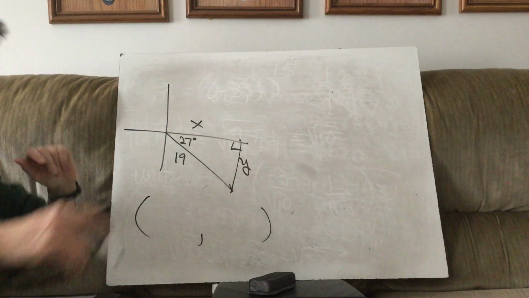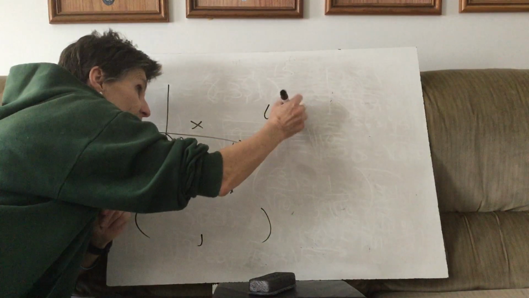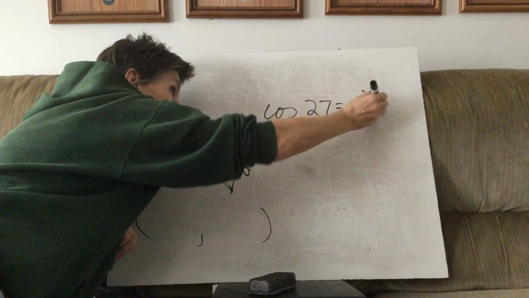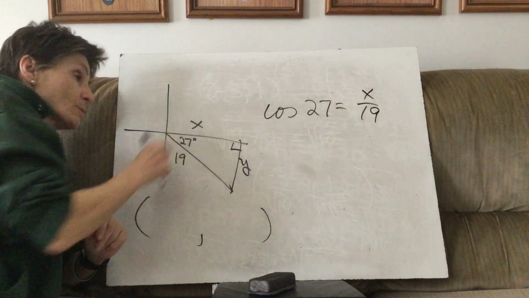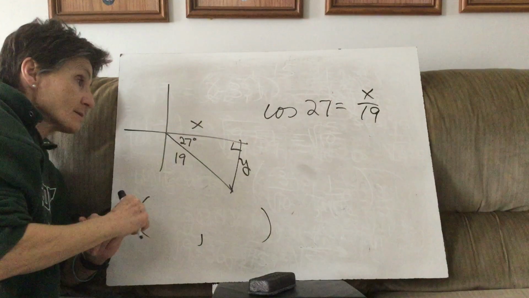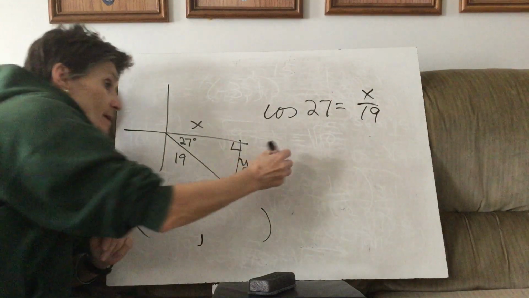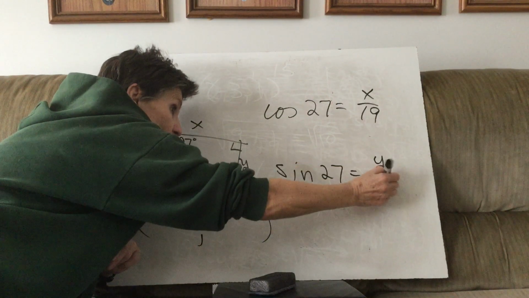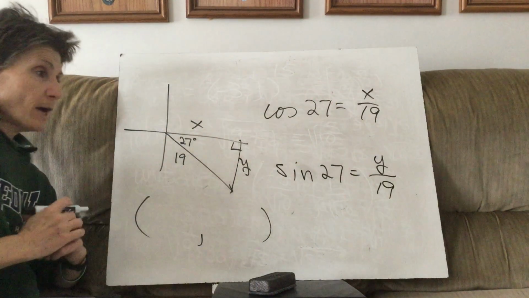We'll use SOHCAHTOA. So cosine angle equals adjacent over hypotenuse. X is always adjacent. Cosine goes with X, always. And sine 27 equals Y over 19, opposite over hypotenuse.